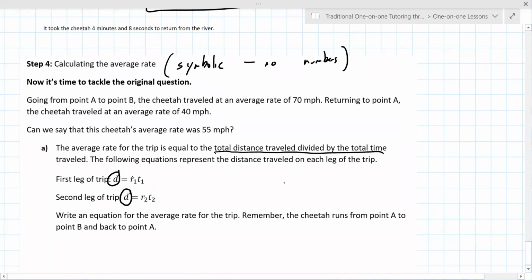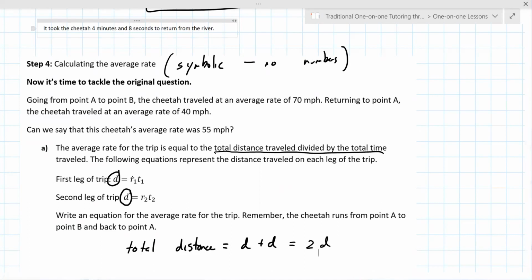Is that okay? Yeah. So the total distance, we'll just do this in pieces. The total distance is D plus D, because it's the distance there and the distance back, and that makes 2D. Right. Yes, that makes sense.